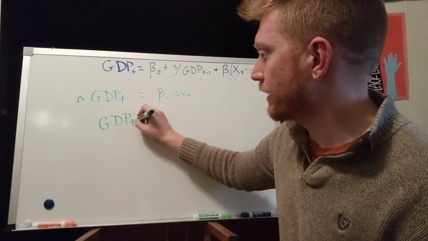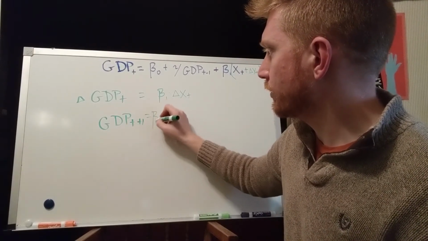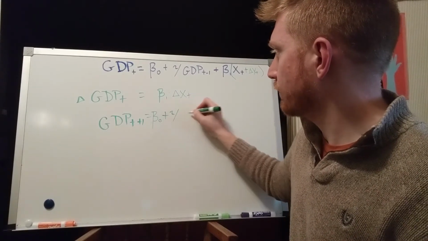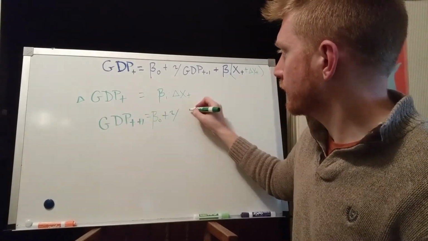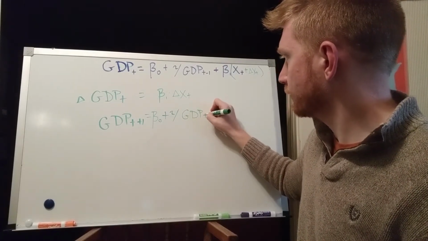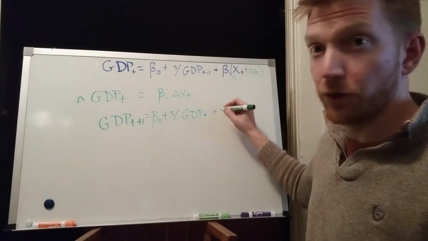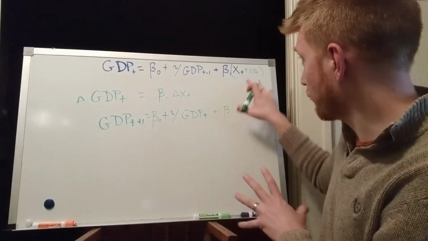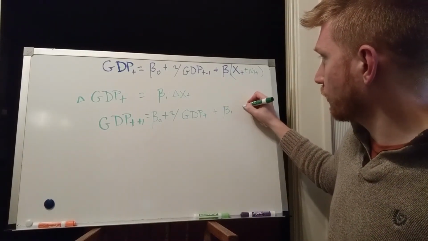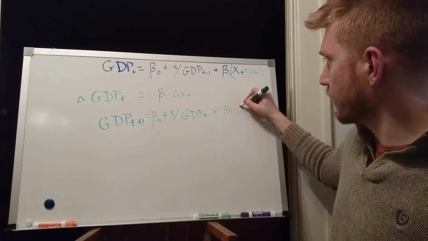So GDP next year is beta 0 plus gamma times GDP in the previous year. And we're talking about a one-time change again. We're back to just looking at that. So we're going to write our X at time t without the change.